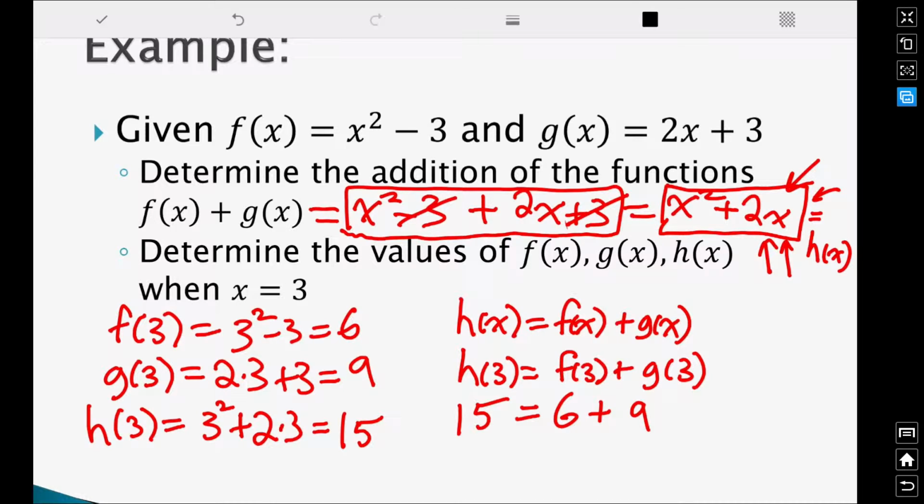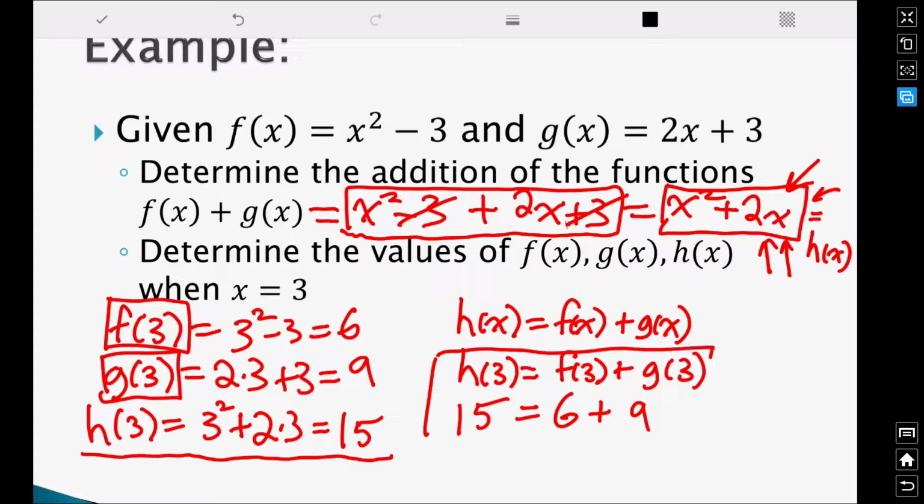And then from that we can calculate h of 3 like we did here to get 15. Alternatively, if you're just interested in a particular exact value, you can calculate f of 3 first, calculate g of 3 next, and then just add them together like we did here, and get that h of 3 is equal to 15.